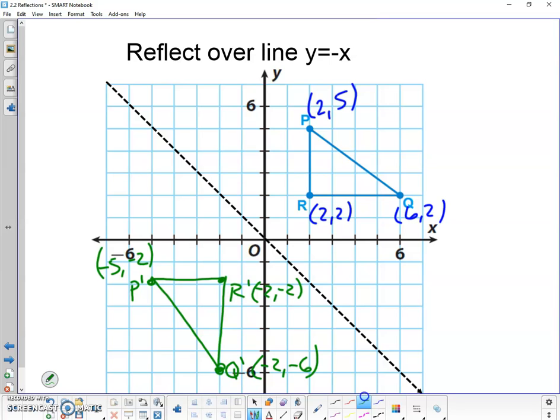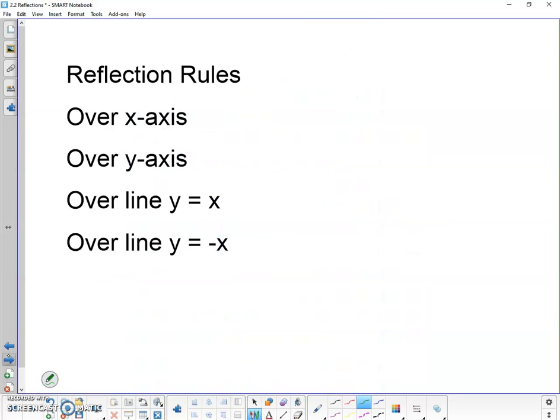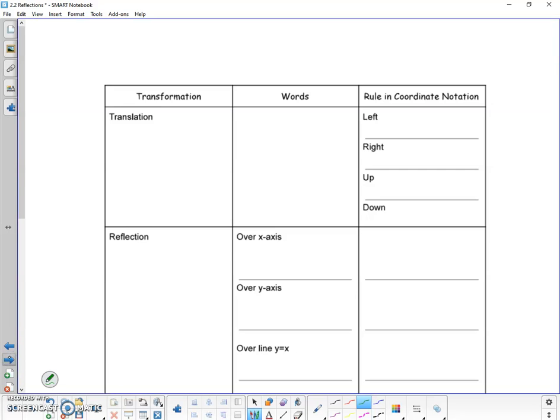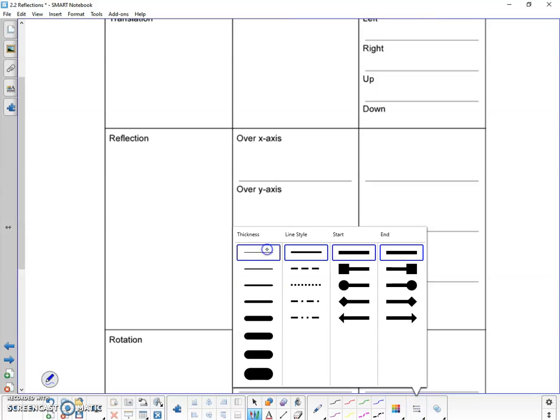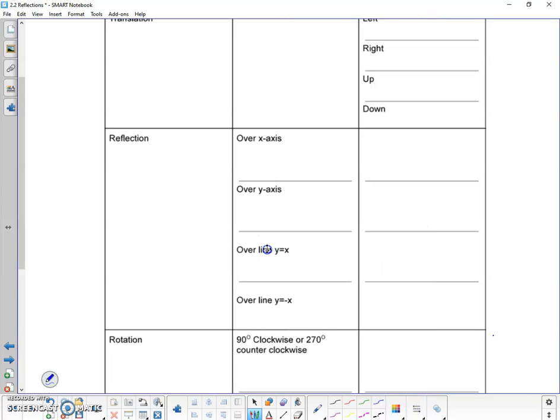All right, so on your blue handout, a reflection is a flip over a line.